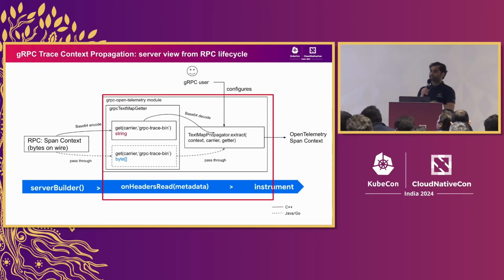What you want to do with that header can be different based on your application requirements. So you can either use the text map propagator that gRPC provides, which will just read it and put it into the gRPC context. But you can also bring your own propagator and do some more transformation using that. So that makes it more pluggable.